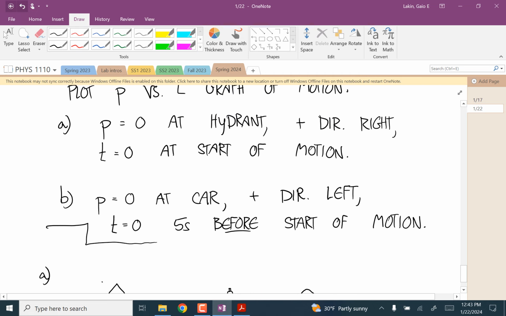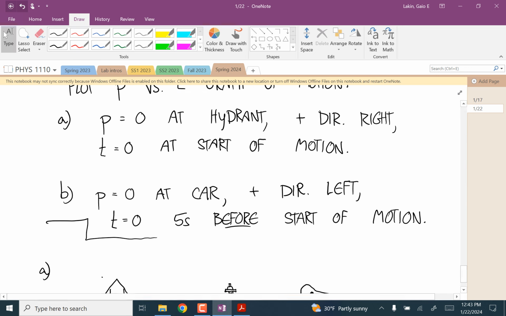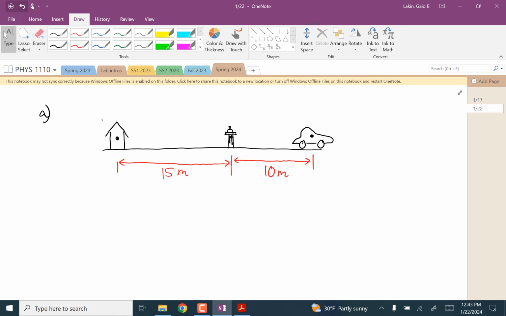You can imagine I have a position equals 0 sticker and I'm going to put it somewhere on the ground, somewhere in the real world. And then I have an arrow pointing in the positive direction and I'm going to set that down one way or the other. Position equals 0 is at the hydrant. All of the stuff that is specific to this part of the problem, I'm going to put in green. So here's our 0.